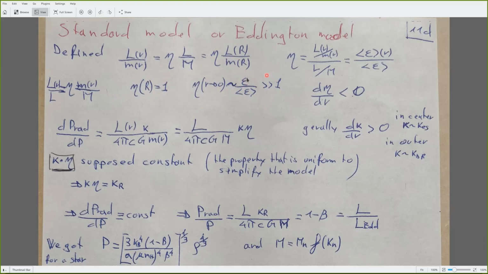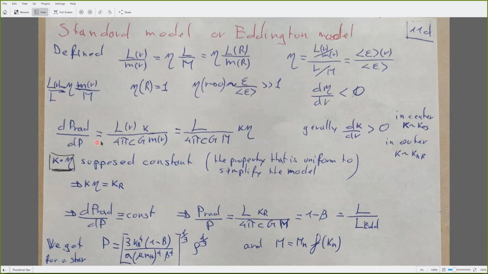So for the sun, in the center, eta has a value of about 10. And obviously eta decreases with the radius from the center to the outside. It goes, for the sun, from more or less 10 to 1 at the surface.